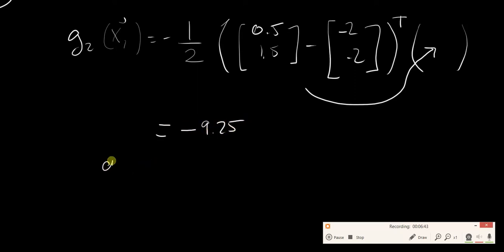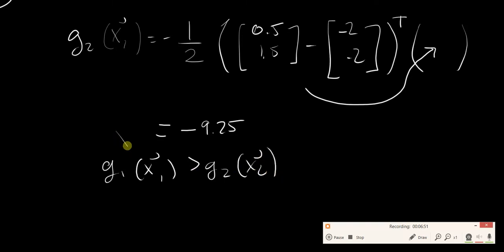So as it turns out, g1 of x1 is greater than g2 of x1. g1 again is negative 3.25. So then we can say that the sample x1 will be classified as class 1.